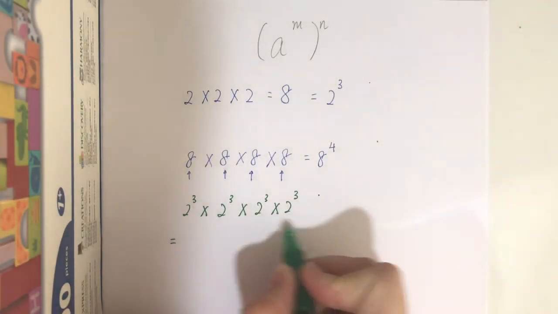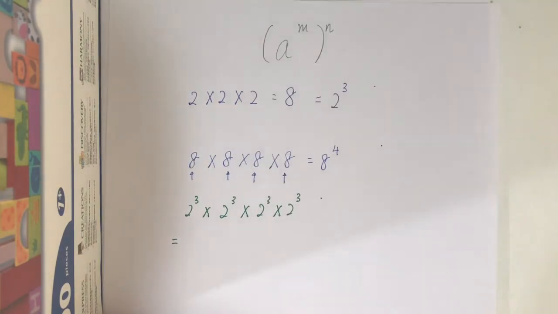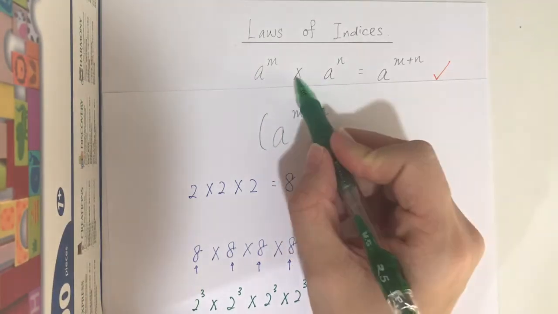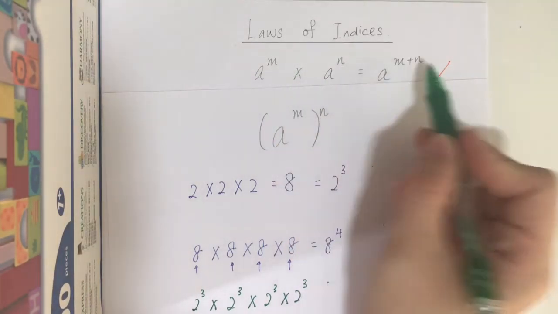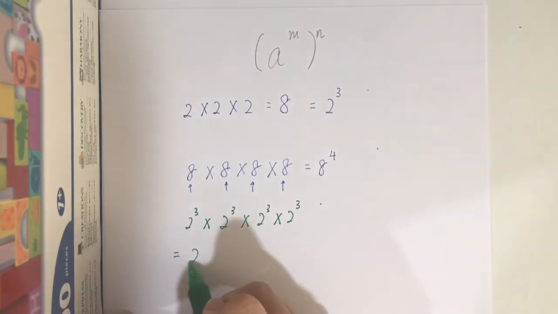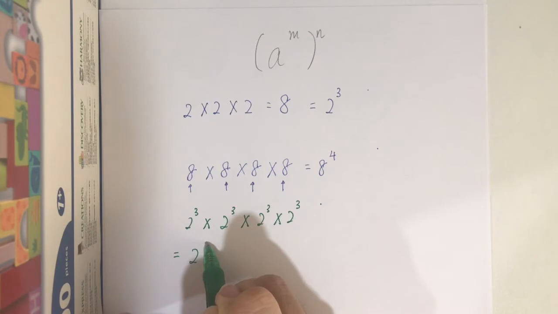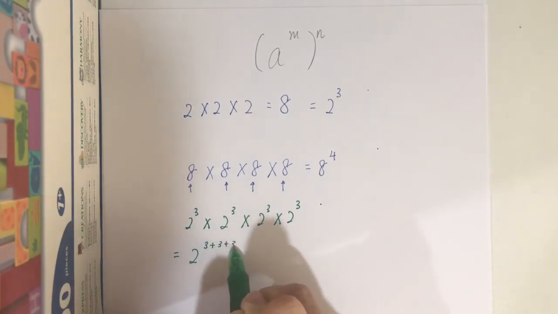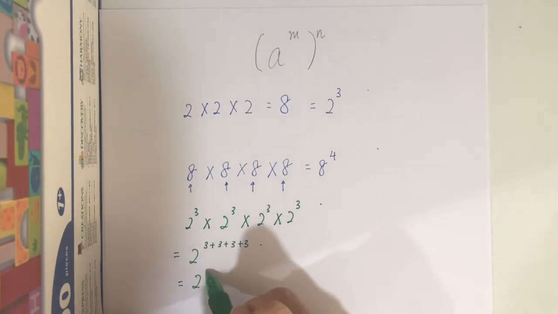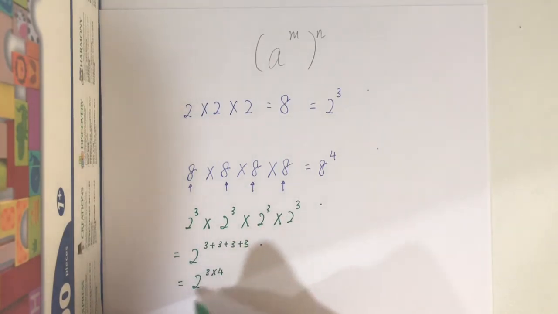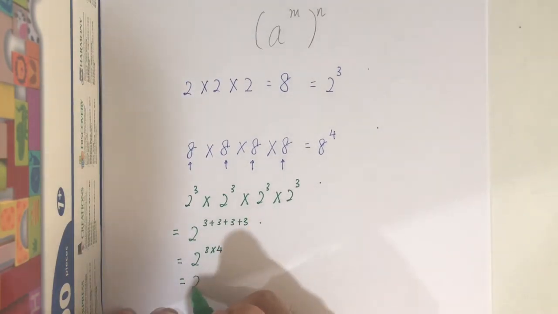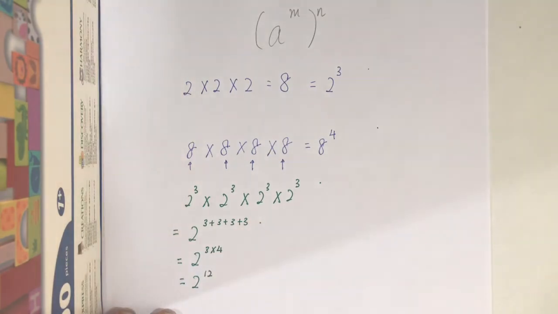Okay, so what do I have? When you multiply, based on the laws of indices, same base multiply power plus. So all these are the same base. So what do I do to the power? 2 to the power of 3 plus 3 plus 3 plus 3. And I got the answer to be 2 to the power 12.